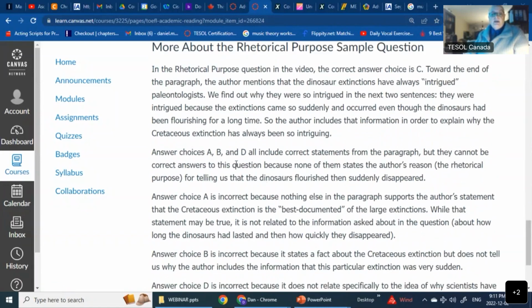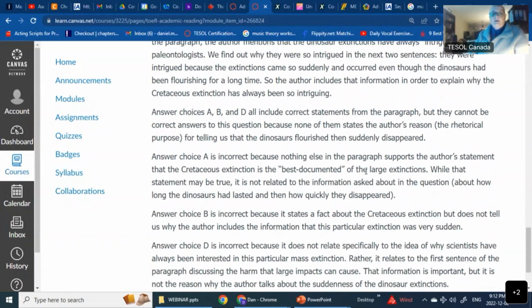Answer choices A, B, and D all include correct statements from the paragraph, but they cannot be correct answers to this question because none of them states the author's reason, the rhetorical purpose, for telling us that the dinosaurs flourished, then suddenly disappeared. Answer choice A is incorrect because nothing else in the paragraph supports the author's statement that the Cretaceous extinction is the best documented of the large extinctions.